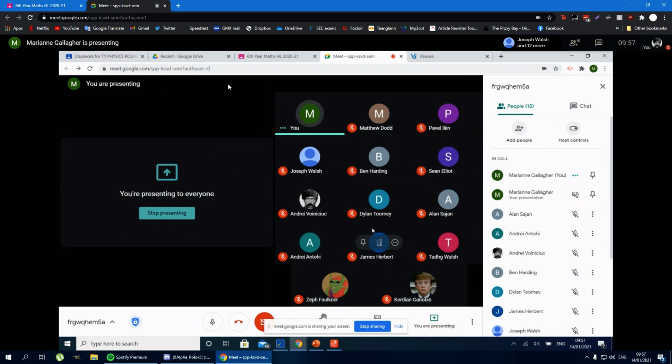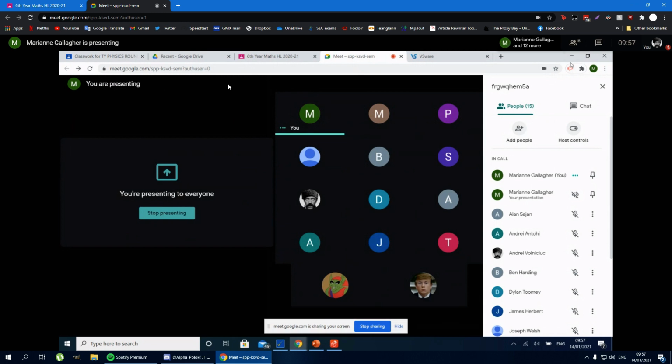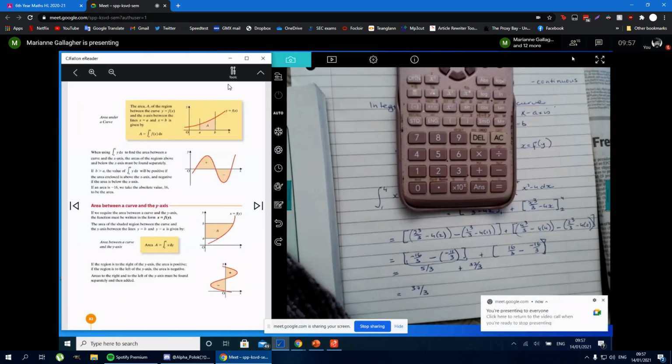So before we go on to area between two curves, we'll just do a couple of examples on that. So if you go to 3.5 on page 85, let's do, the camera seems to have frozen. Okay, let's do it out of the book.